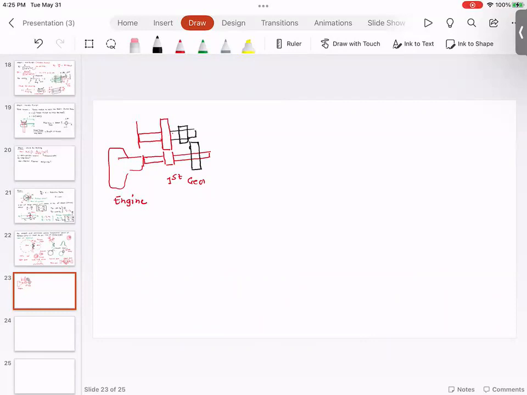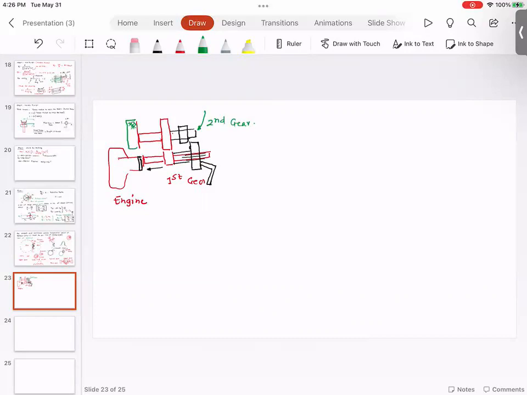Initially it is in the first gear, and there would be a clutch. You would declutch it, and then an arm would push this gear onto this spline shaft. The first gear would get out of engagement, and the second gear would come into engagement, and that would change the speed of the wheel.